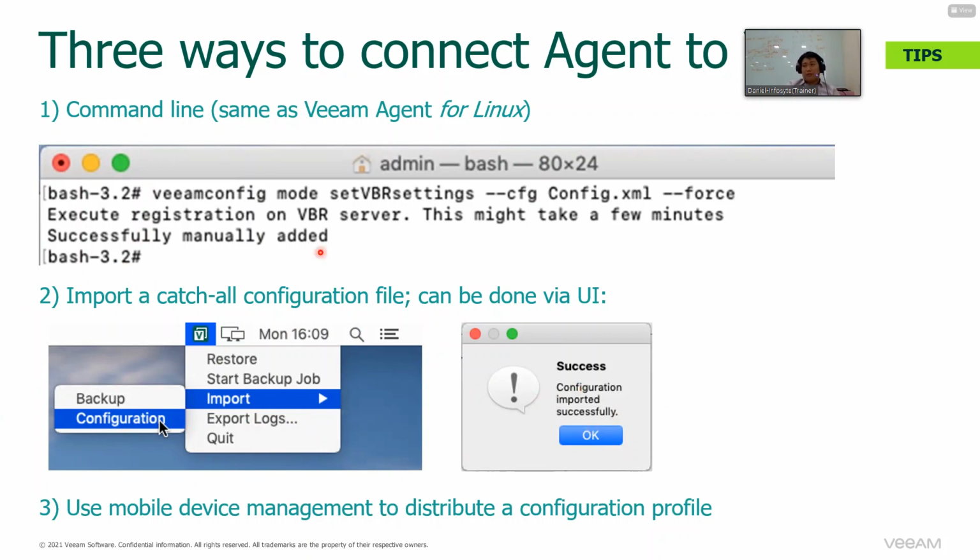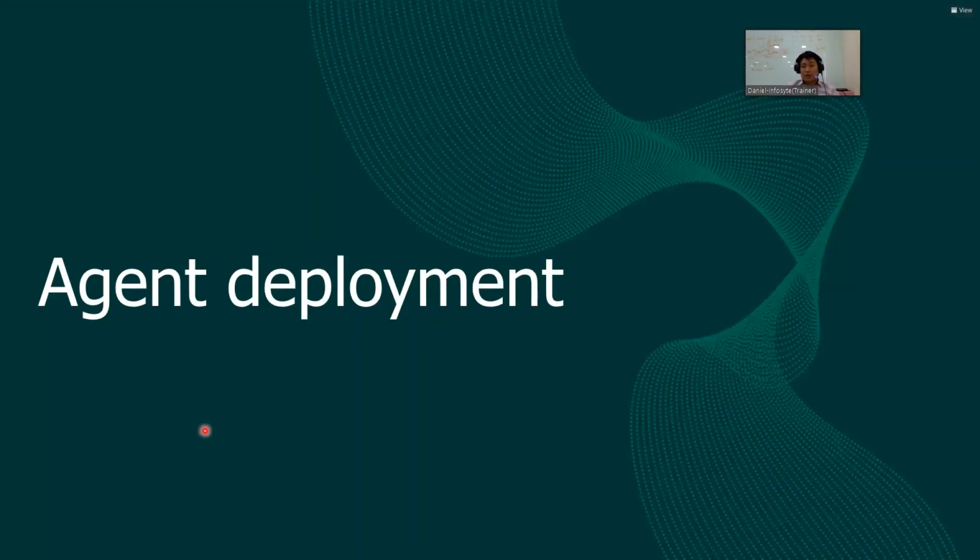It's basically the same thing as running the command itself. So if you prefer to use a command, you can do something like this. If you prefer to use this GUI, you can do this. Later they will have some guides to show you how to prepare that. Those are all for the version 11 new features support especially. Then now we look into the actual deployment for the agent.